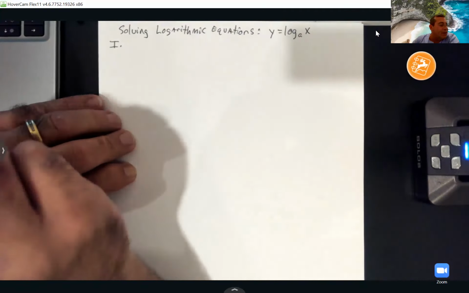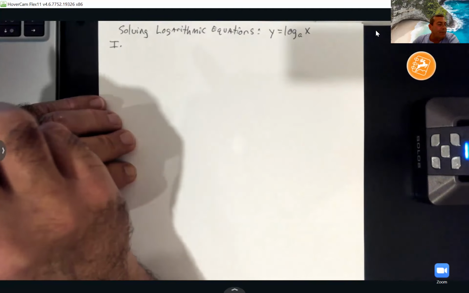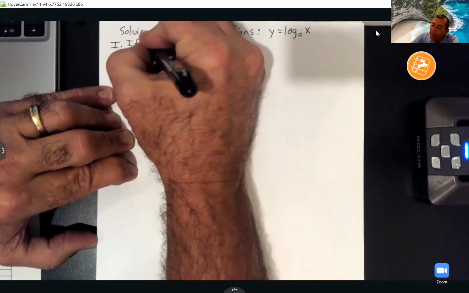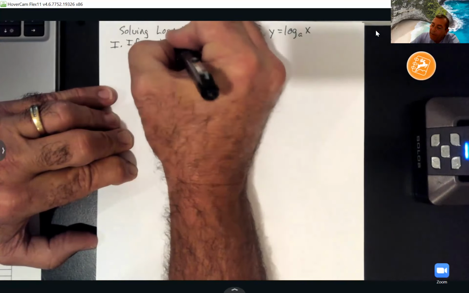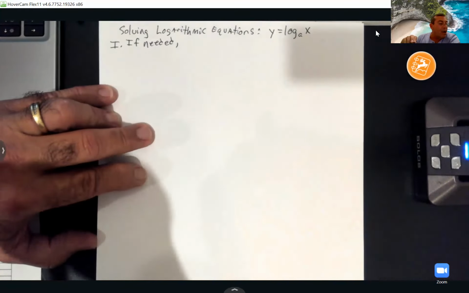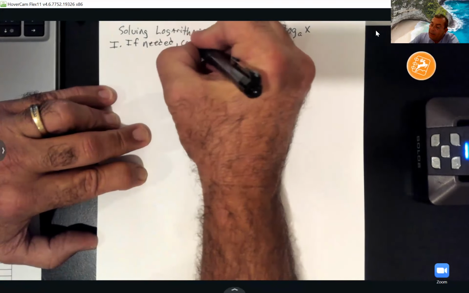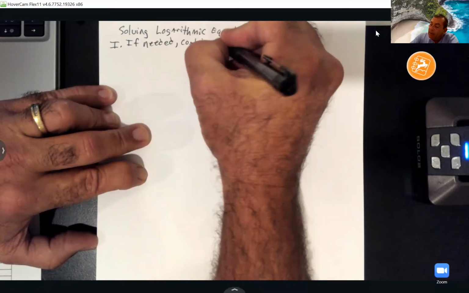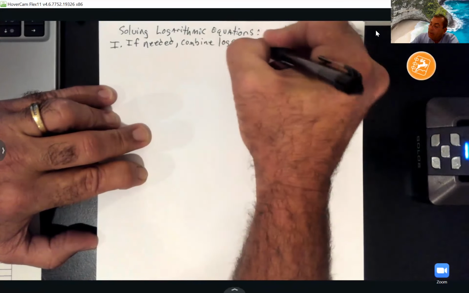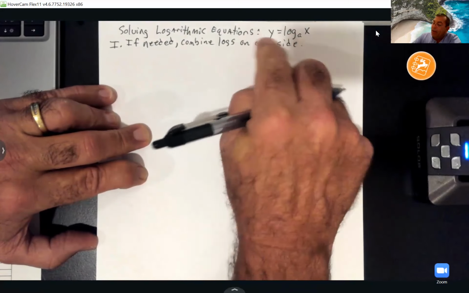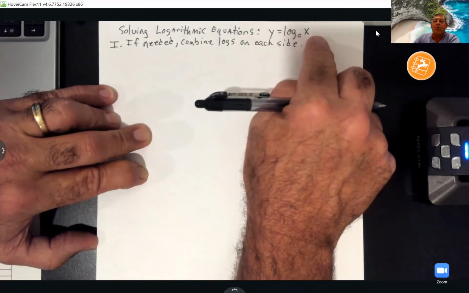So now here's the first thing I look at on these. If needed, combine logs on each side. Now, I'm not talking if I got a log on one side and a log on the other.